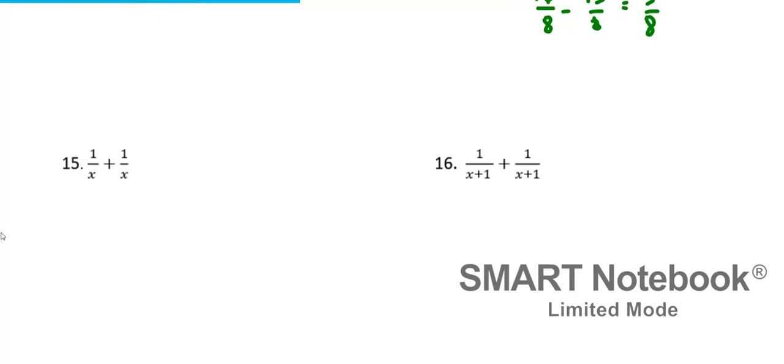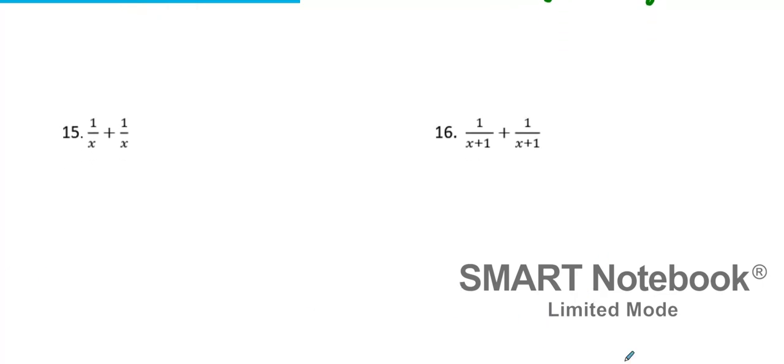To do one that's got a variable in it now, sorry about this Smart Notebook limited mode. You can see it stays on the screen here, but if I scroll, it makes it a little bit better. It has a common denominator, so I can just write this as 1 plus 1 over x plus 1.